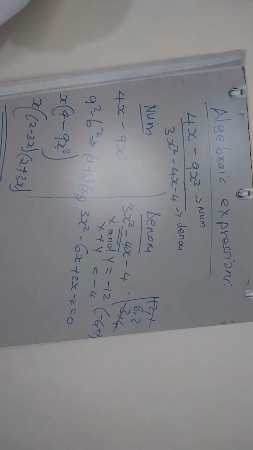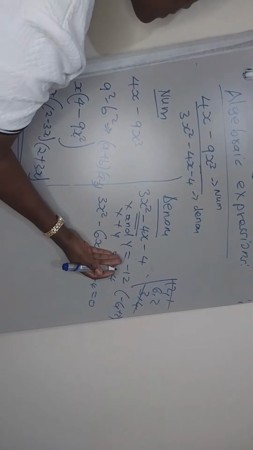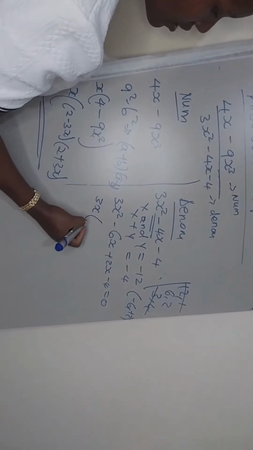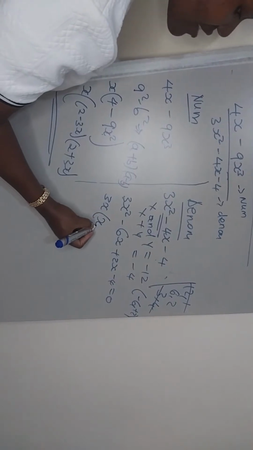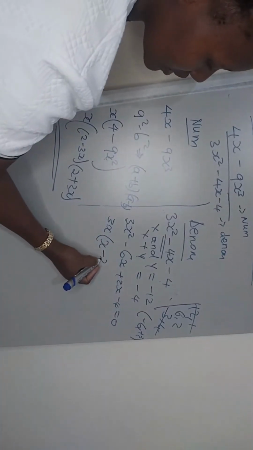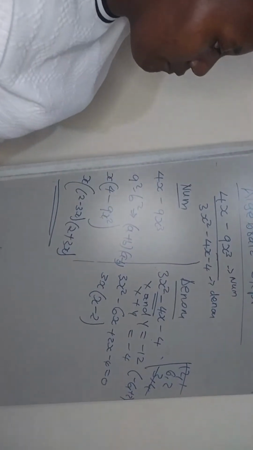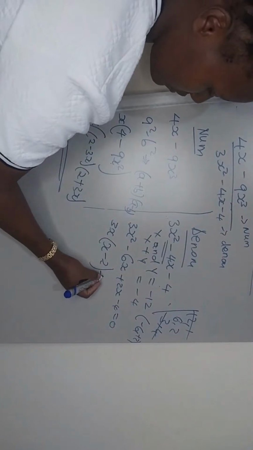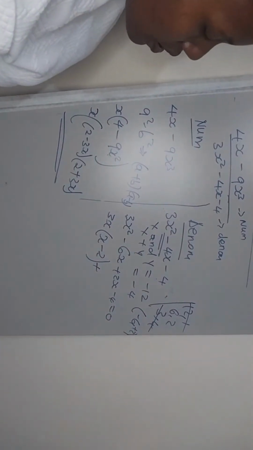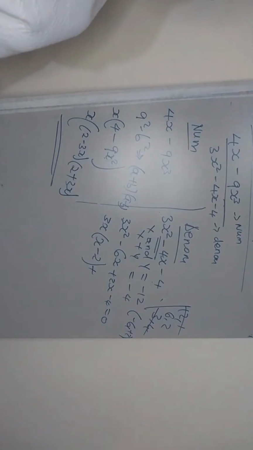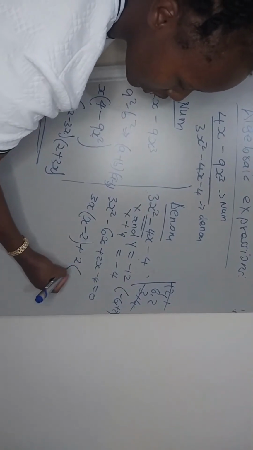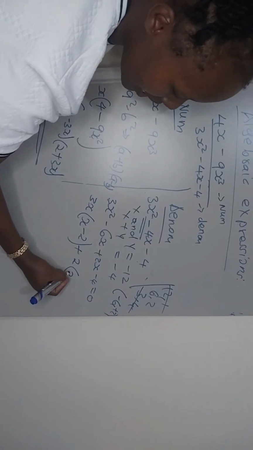In every 2 terms, pick what is common. 3x squared and 6x share 3x. 3x squared divided by 3x gives x, and minus 6x divided by 3x gives minus 2. Then 2x and 4 share 2, giving 2 into (x minus 2).